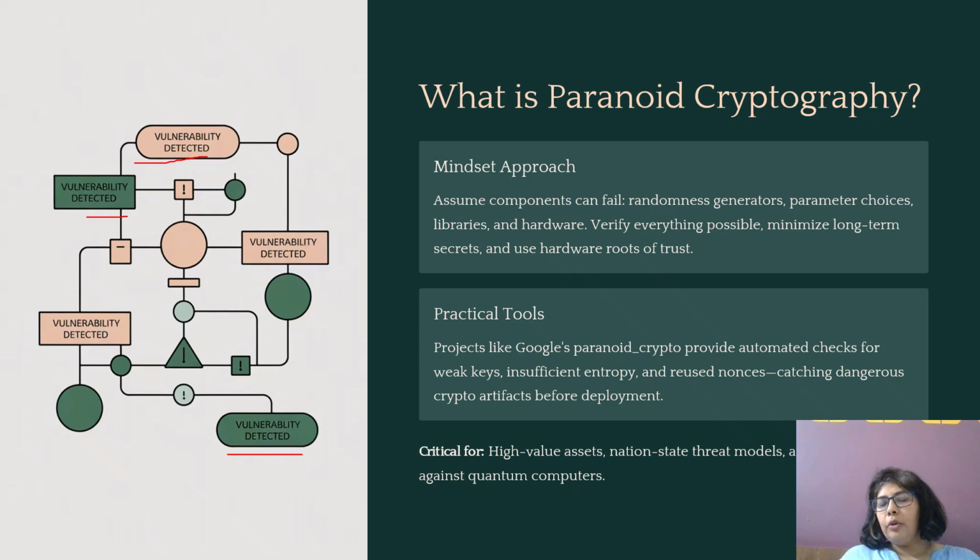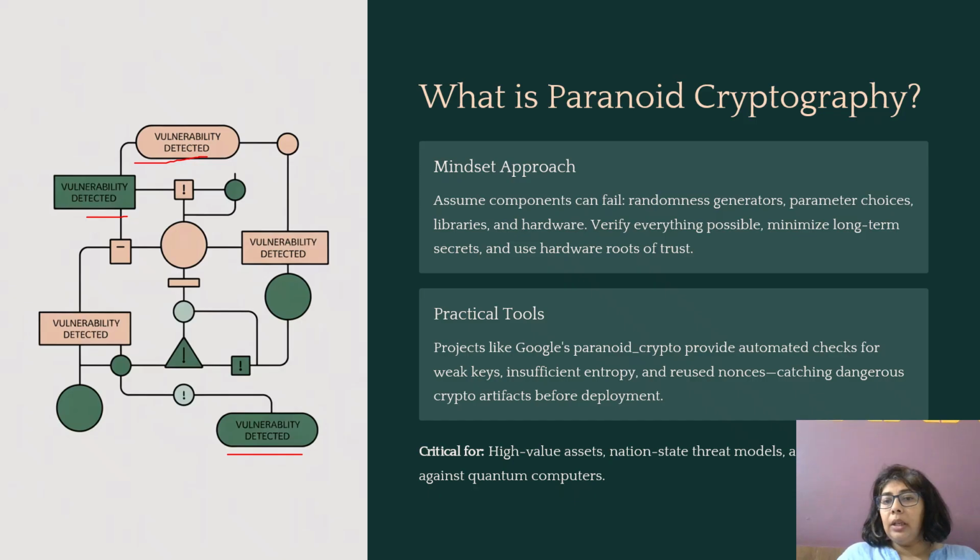The mindset approach says that we assume the components can fail. Randomness generators can fail, parameter choices can fail, the libraries that you're using can fail, versus minimizing long-term secrets. Everything is possible. Use of hardware roots means you trust certain pieces of hardware.